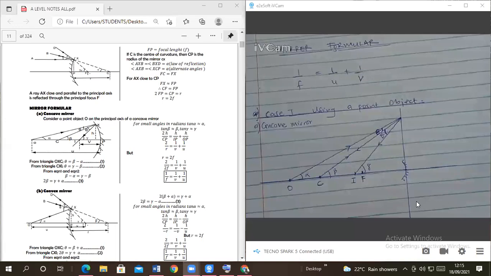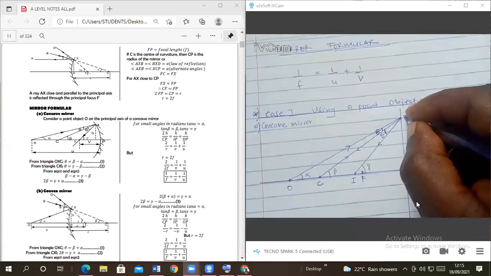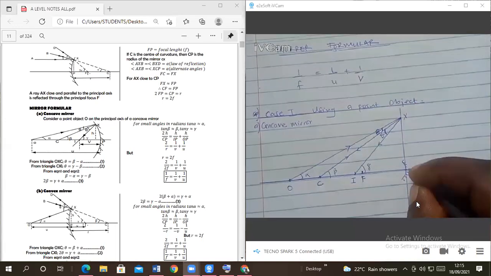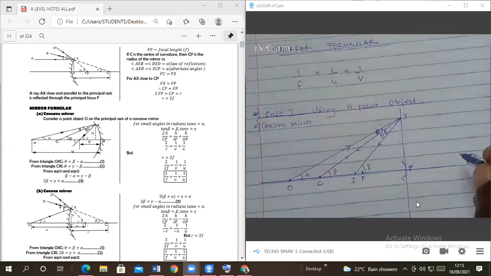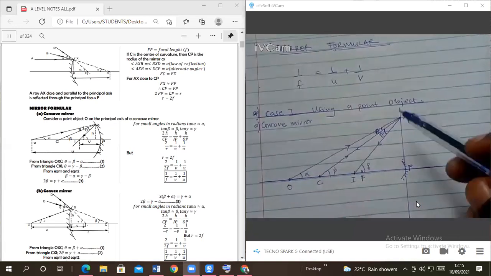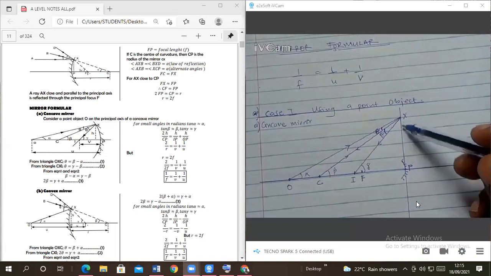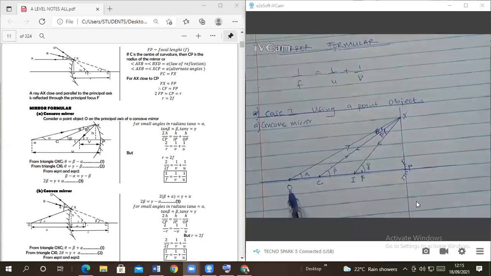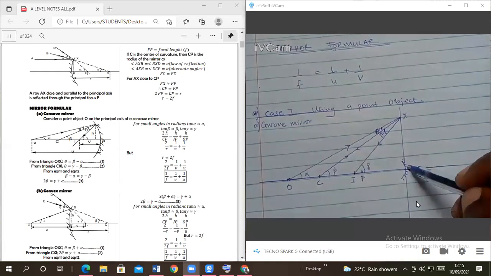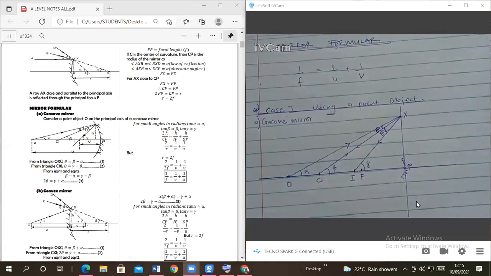But what you should know is that at this point, this is point X, and this is the pole of that mirror. Then what we know is that this is the height of the object. Even if we are using a point object here, this is the height of the object. How do you know that it is the height of the object?